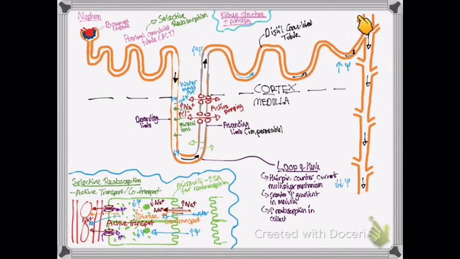Let's just look at our collecting duct here. So water gets into the top of the collecting duct. It's got a high water potential. It moves down the water potential gradient.